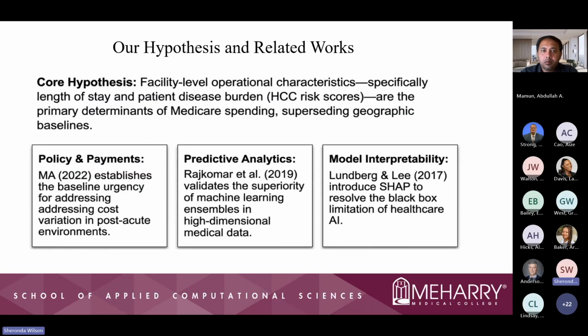My core hypothesis is that facility level characteristics, especially patient complexity, length of stay, and utilization intensity, significantly influence the Medicare cost outcomes and can be used to predict higher cost facility profiles.